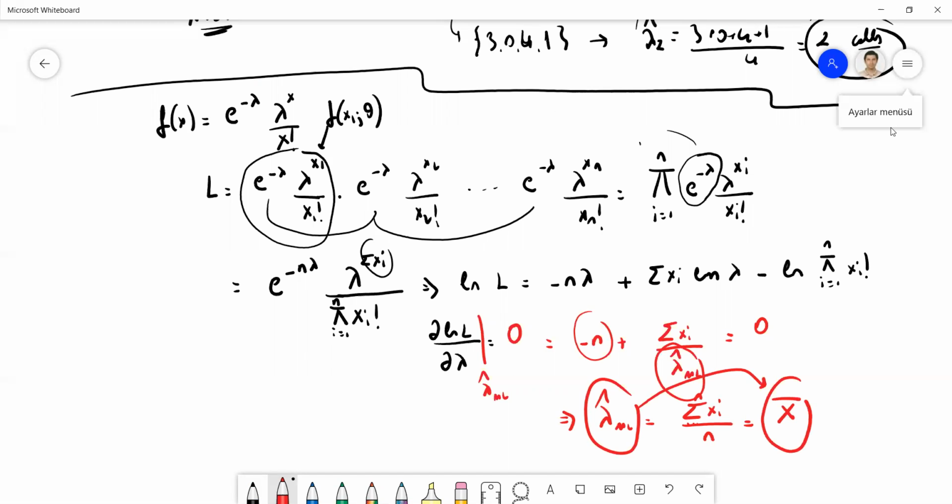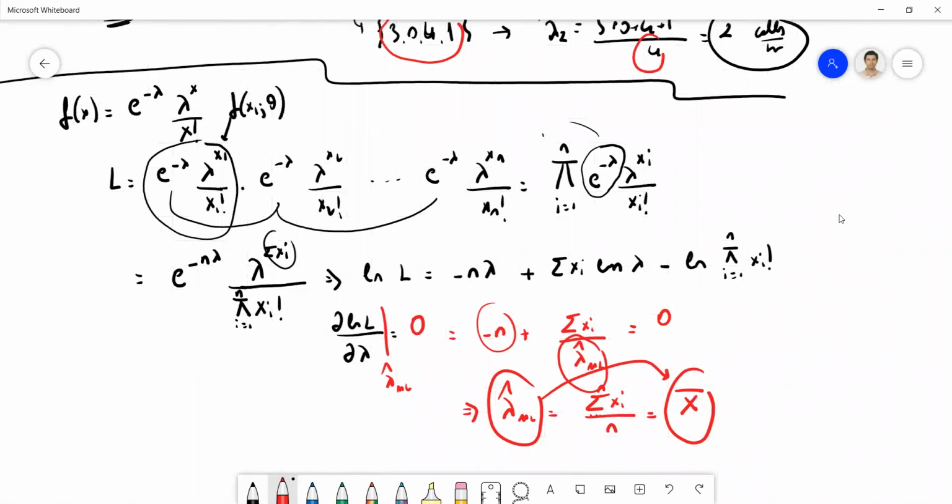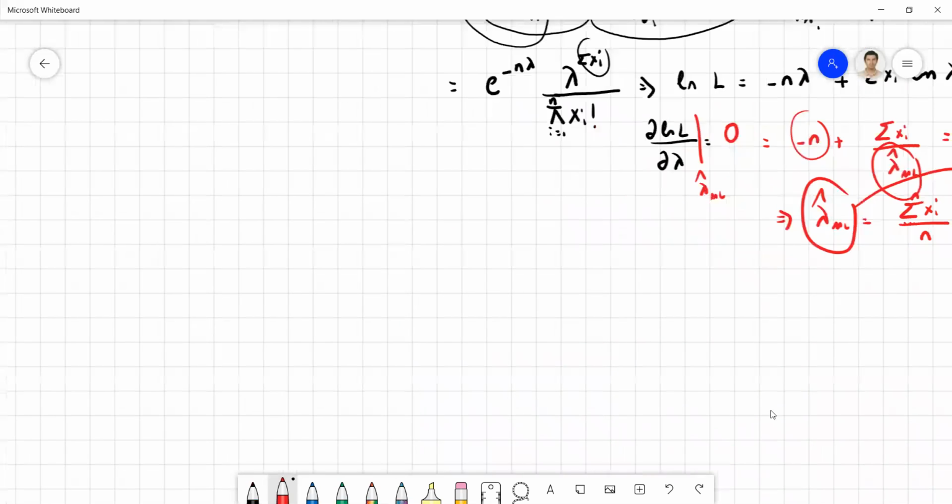This is exactly equal to the intuitive result, which is to sum all these values and divide by n. We have obtained the maximum likelihood estimator, found by Fisher, one of the greatest achievements of statistics, I may say, and it gives you the intuitive solution. Of course, it's not always going to be the case, but I try to solve these questions to warm you up to this topic.